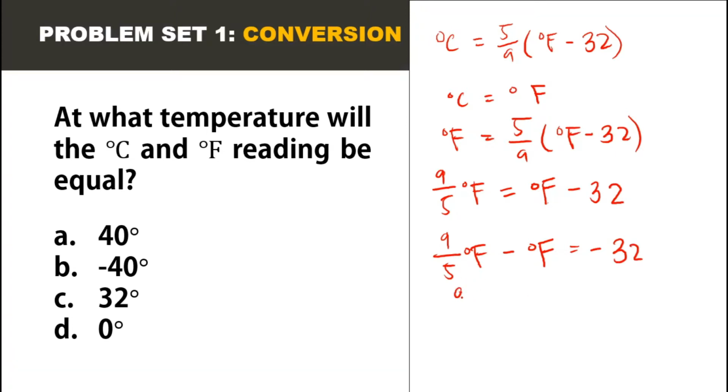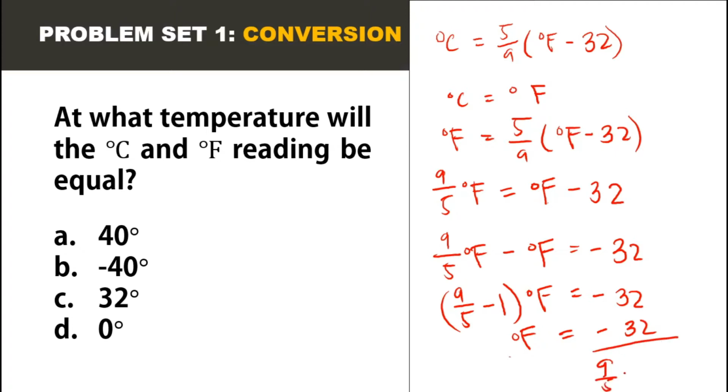So 9/5 minus 1 times the quantity degrees Fahrenheit is equal to negative 32. We divide both sides by 9/5 minus 1. We have degrees Fahrenheit is equal to negative 32 all over 9/5 minus 1. So we can use our calculator.